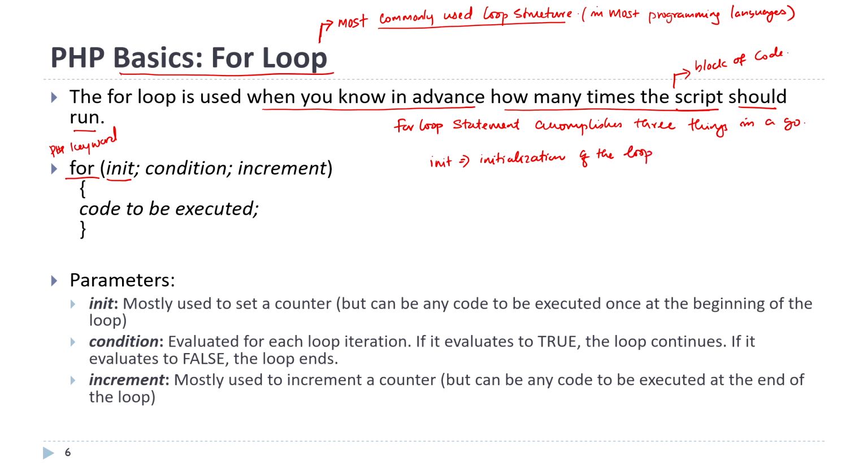Most of the time we also call it initializing the loop counter. So, you mostly use this statement to set the counter at the beginning of the loop statement, or it can be any code to be executed once at the beginning of the loop. It does not have to be the initial statement, you can put code also there, it does not matter.